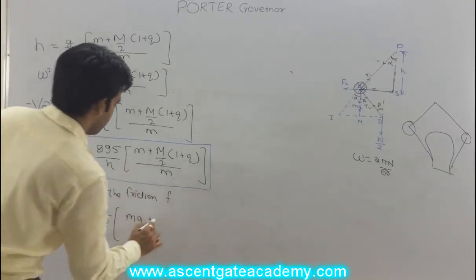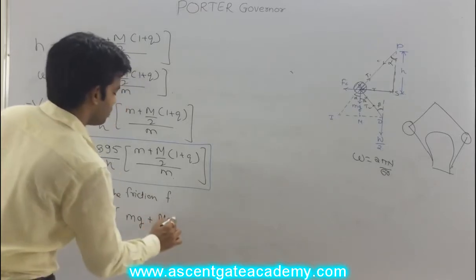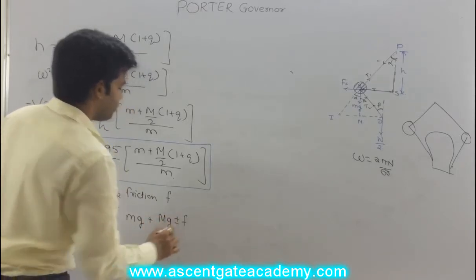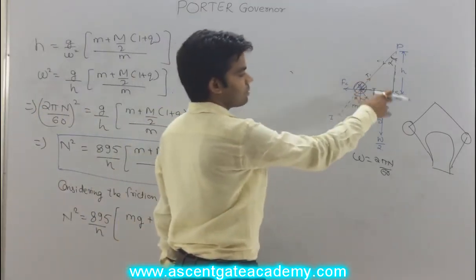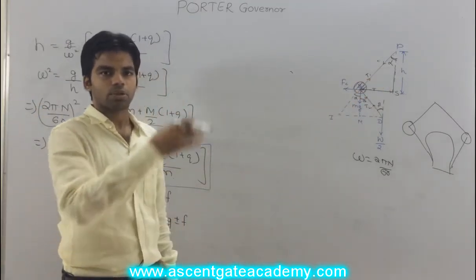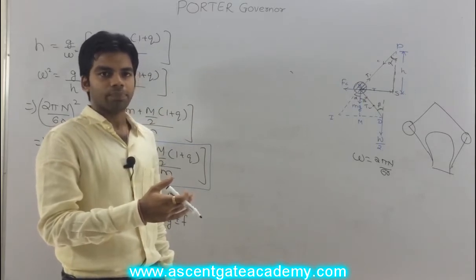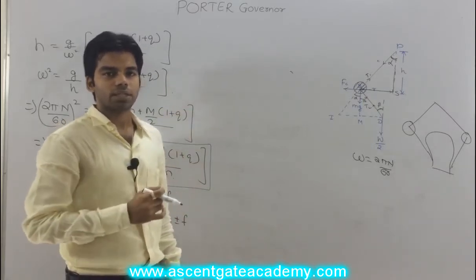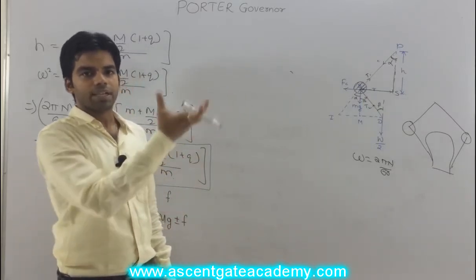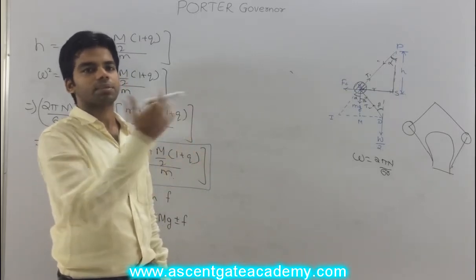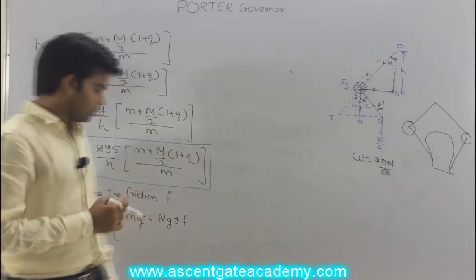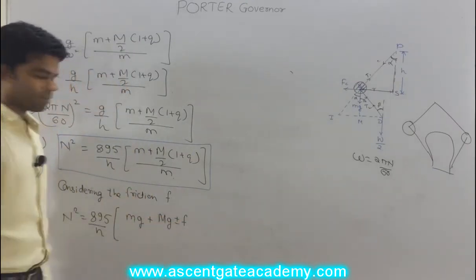Small mg plus capital Mg plus minus of f. If this is moving upward, then we will take it as plus f, because frictional force is acting downward and it will add on to the weight of the central load. Okay, and if it is moving downward, frictional force will act upward and it will be subtracted from the central load. Okay, so this will be Mg plus minus f.